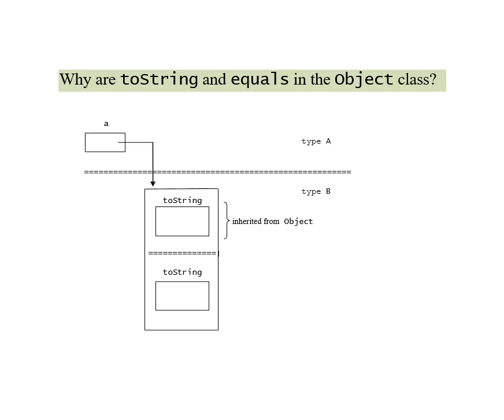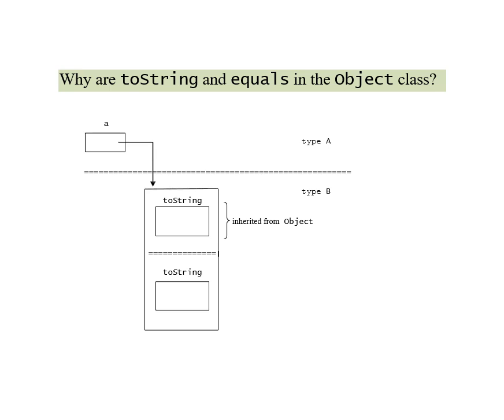So if class B has its own toString and you also inherit one from the object class, then a B object will have two toString methods. Okay, and the one that's defined in the B class will override the one that's inherited.